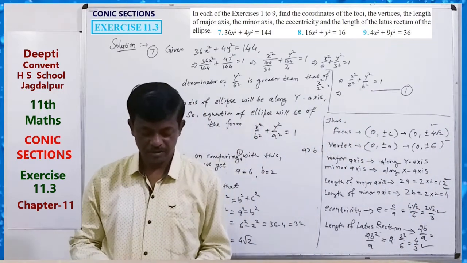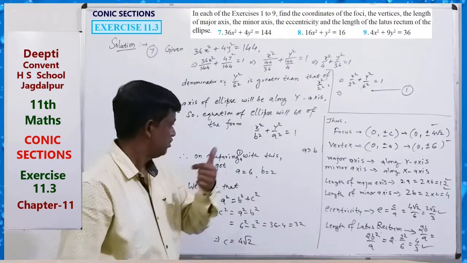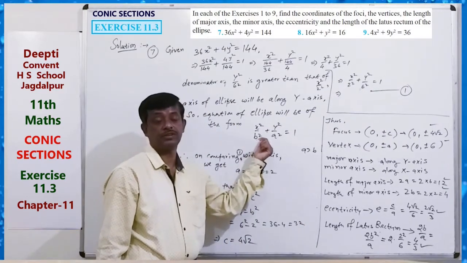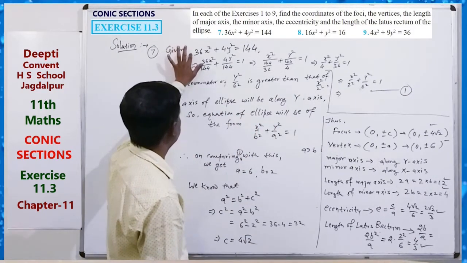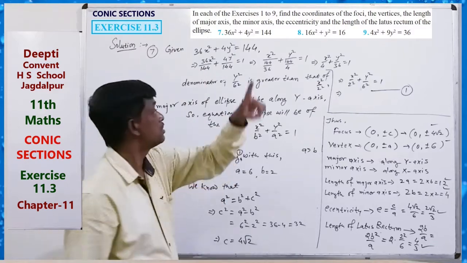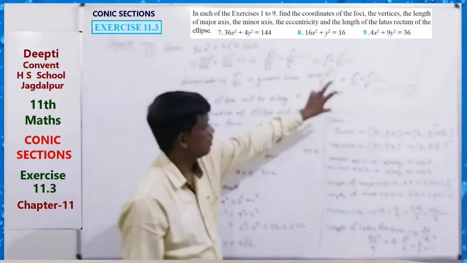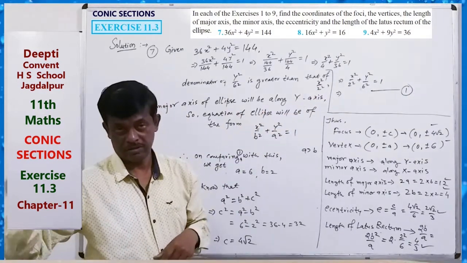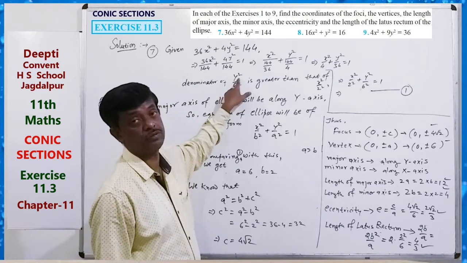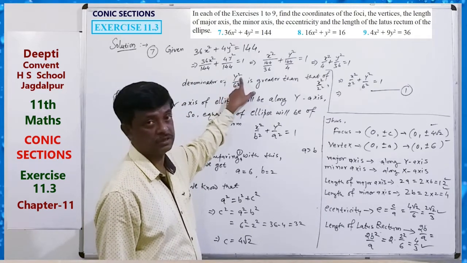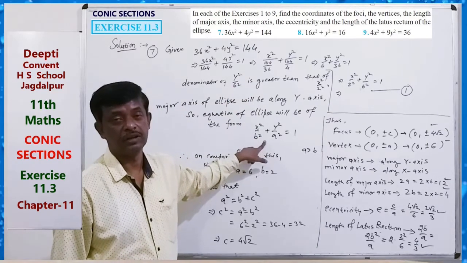So these values can be found by using the format of the ellipse. First of all, if the ellipse is given in this form, you have to convert it into its standard form. Check which denominator is greater; if the denominator under y is greater, the major axis will be along the y-axis. Then the format of the ellipse will be this.